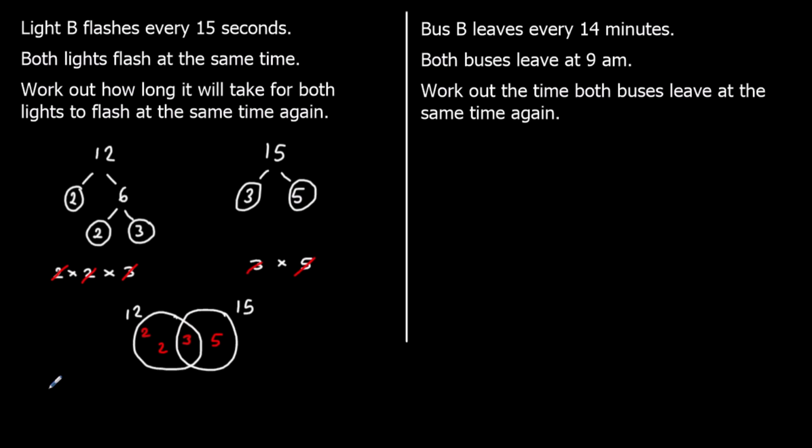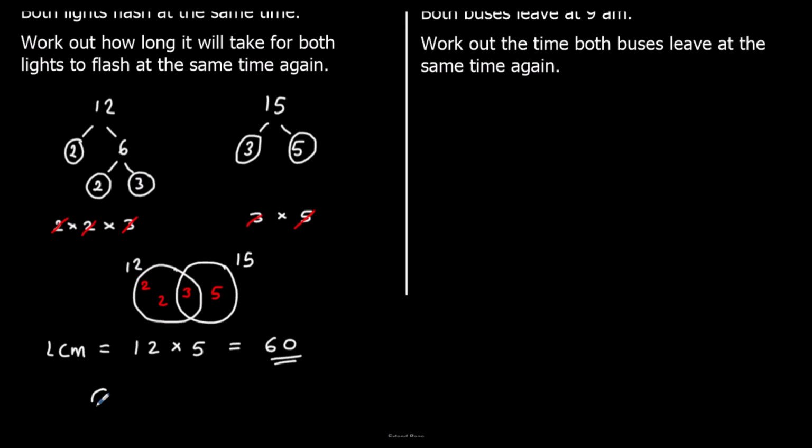So the lowest common multiple is, well, it's 12 times 5. My 12 circle times 5. 12 times 5 is 60. So how long does it take for both lights to flash at the same time again? That's 60 seconds.